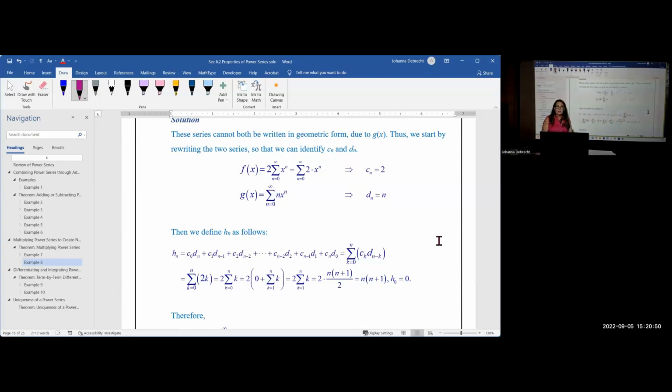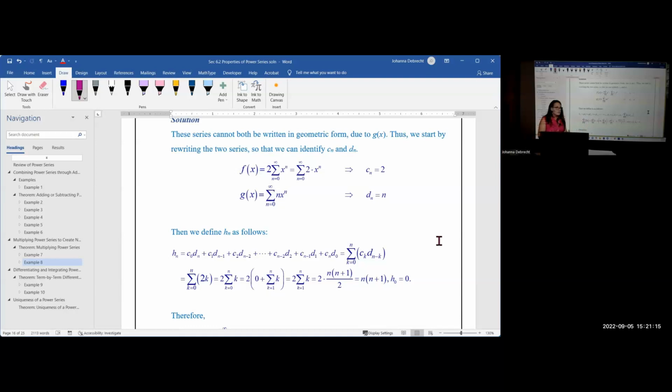All of our C sub k's are 2, so we replace that with 2. Now the D sub n's depend on the index. So they're n if that's what the index is. If the index is k, then they're k. So this gives us the series from 0 to n of 2 times k.